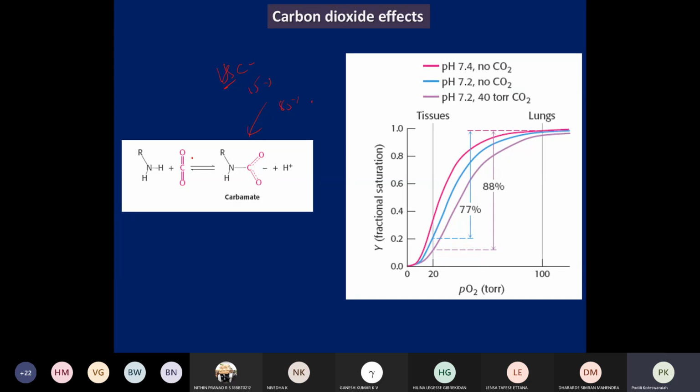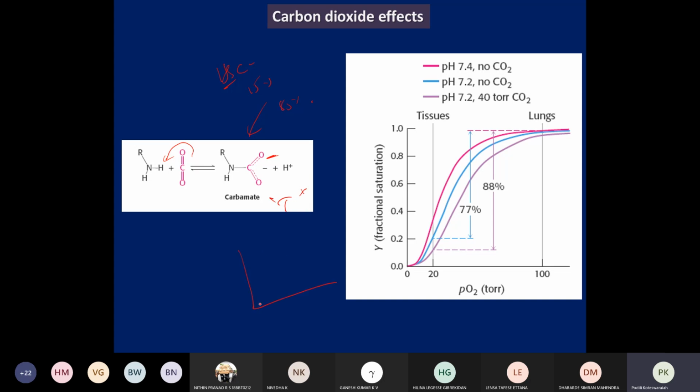When the carbon dioxide forms a carbamate with the amino terminal of the hemoglobin, a negative charge is formed, and this negative charge in turn facilitates the formation of salt bridges. As a result, the T state is favored. Therefore, the hemoglobin affinity towards oxygen also decreases.